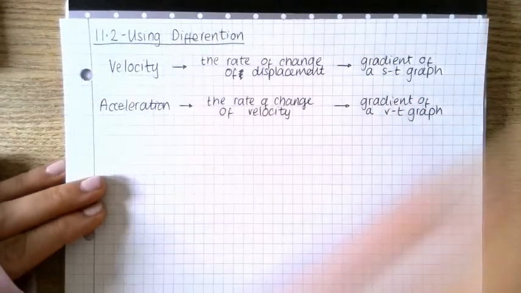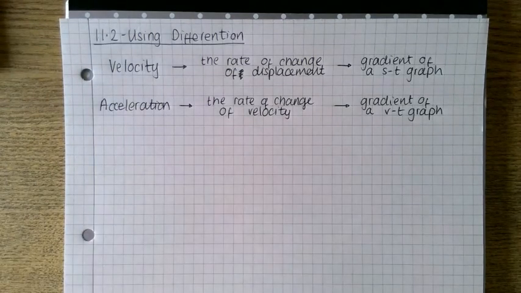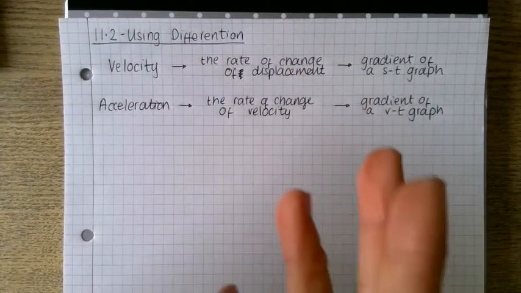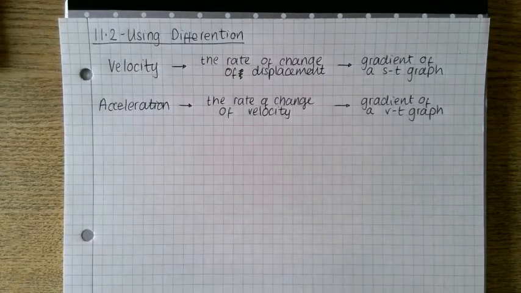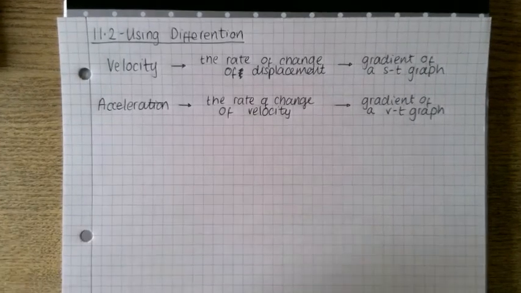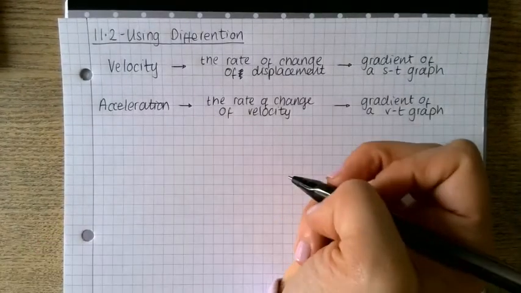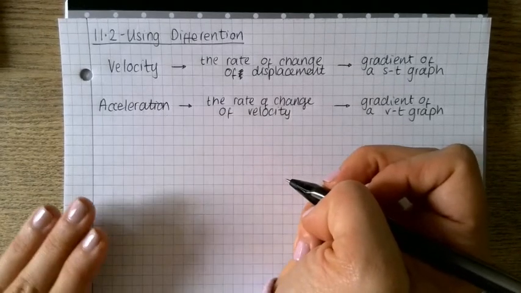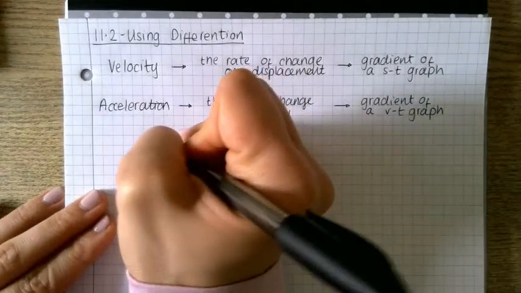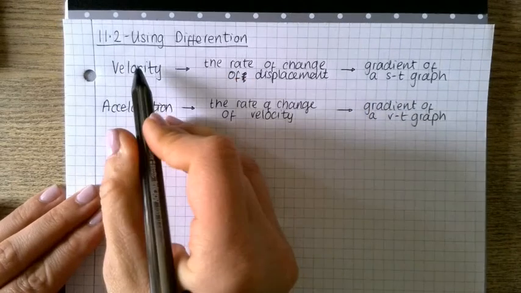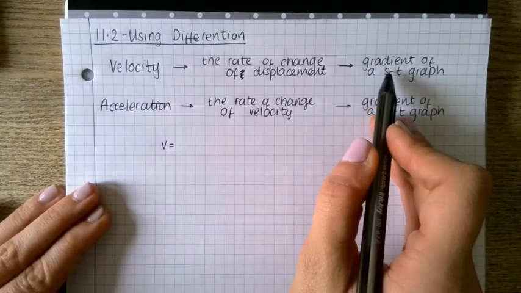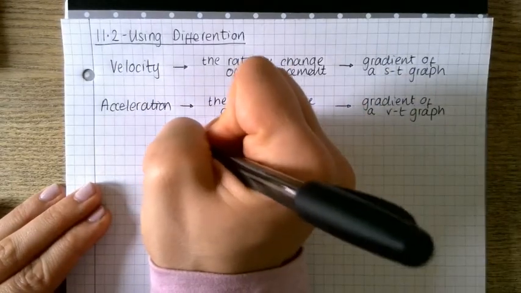So this connection between gradients and velocities and accelerations is what leads us to these two facts, that we should always state in questions because they're usually worth the mark for stating the fact. We can find velocity by finding the gradient of a displacement time graph.